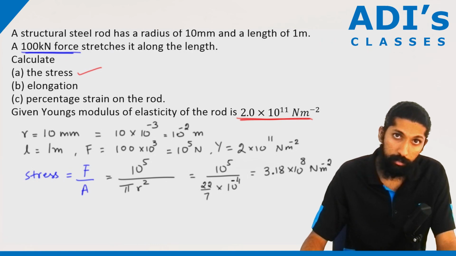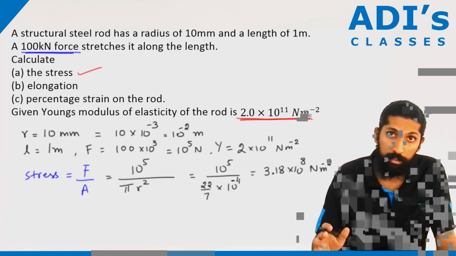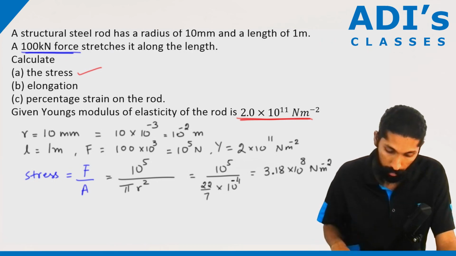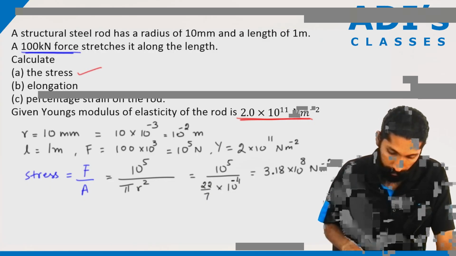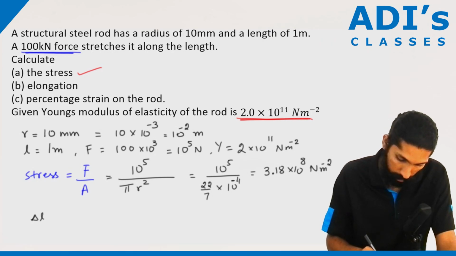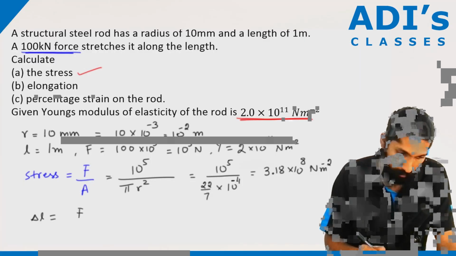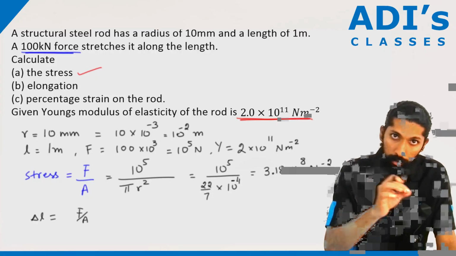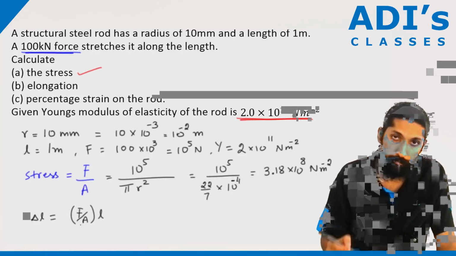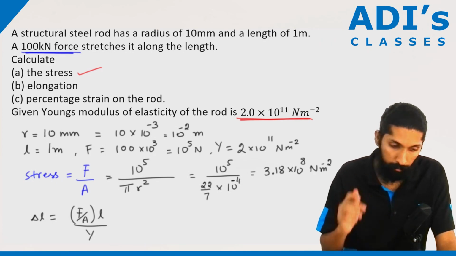Elongation is what? The delta L. In Young's modulus, that is the elongation. For that, delta L is equal to F by A into L divided by Y, because you transpose the Young's modulus formula. Okay, this is the formula.